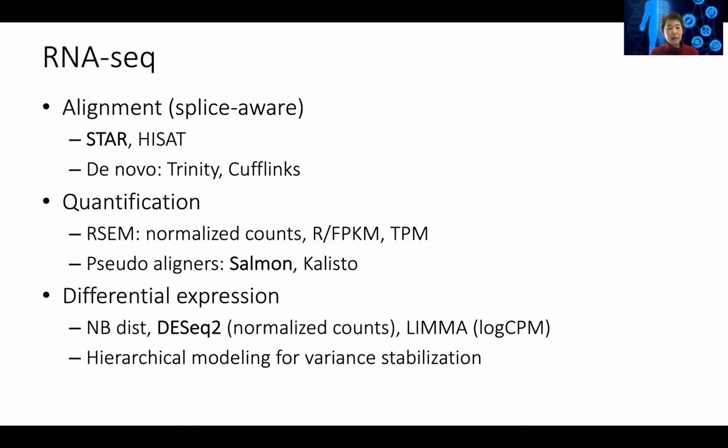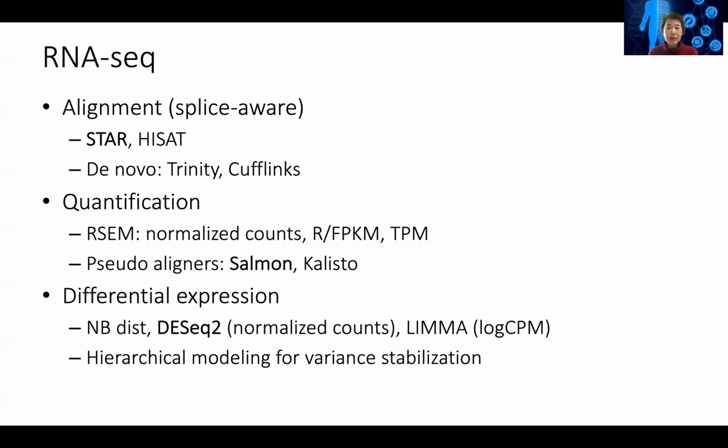Again, the RNA-seq experiment gives us data in FASTQ format. But here, in order to do the alignment, we don't really use BWA for mapping because we need to map it to the RNA instead of the DNA, which has splice junctions. And so we use splice-aware algorithms.